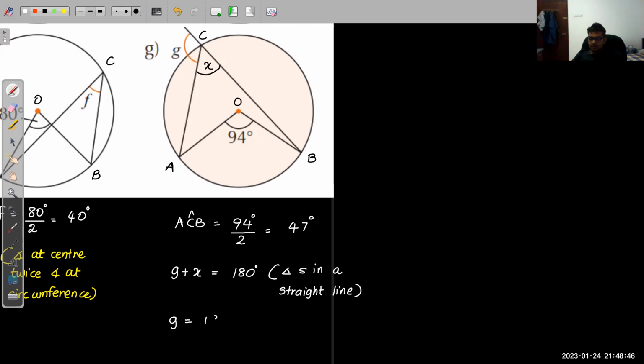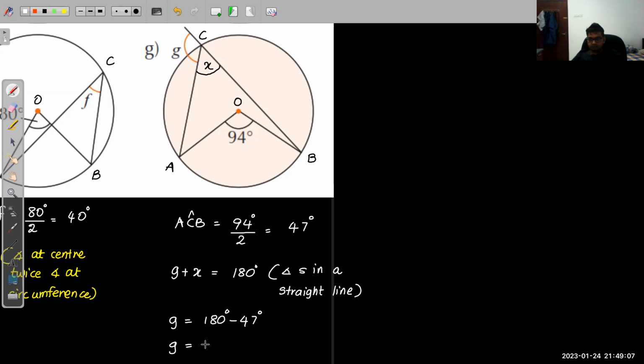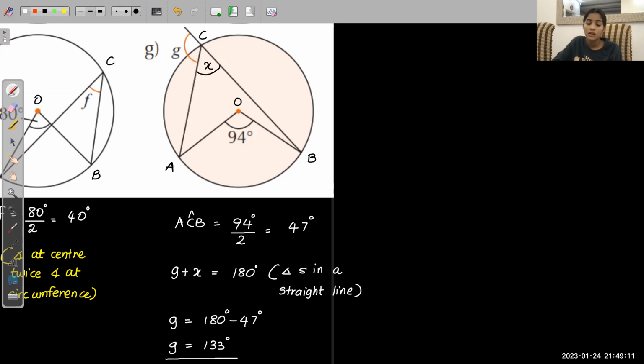G equals 180 minus 47 degrees. G equals 133 degrees. Good. Okay. Do a few more.